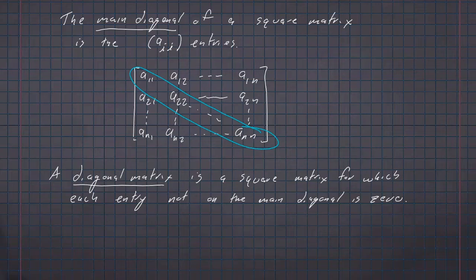I want to point out a distinction between a diagonal matrix and the reduced row echelon form we've talked about previously. Reduced row echelon form, in a perfect world, in an invertible matrix, will be a diagonal matrix where every entry on the diagonal is 1.